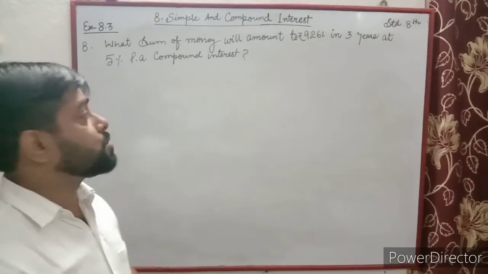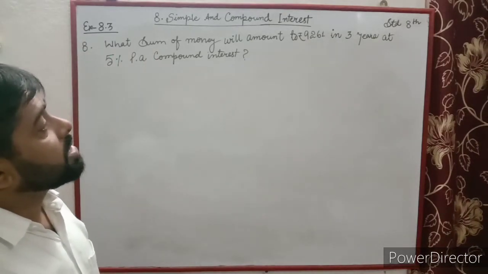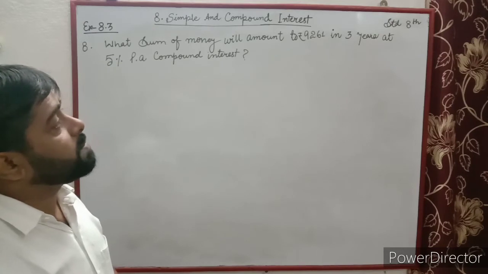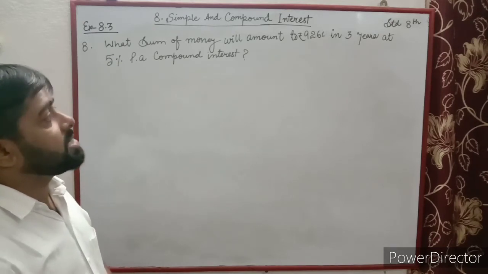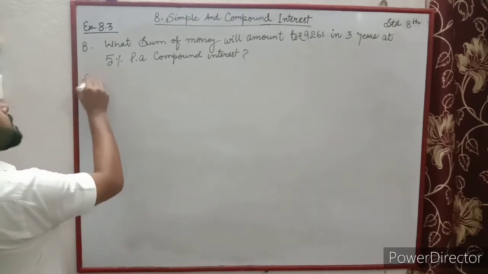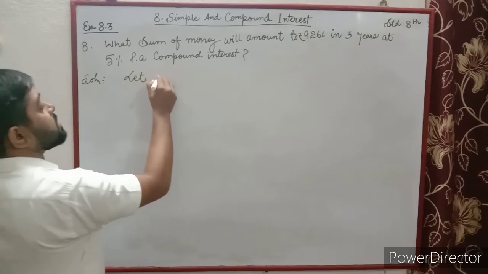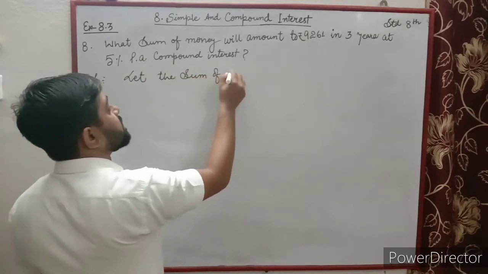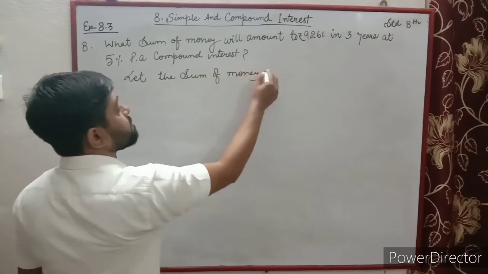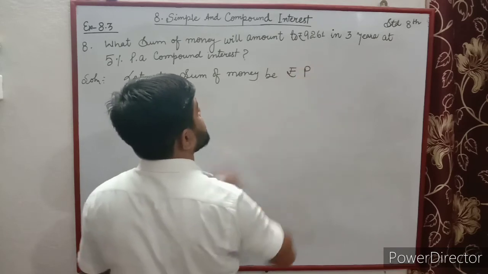Let's see one more question. Question number 8. What sum of money will amount to 9,261 rupees in 3 years at 5% per annum compound interest? So first of all, let the sum of money be P rupees.